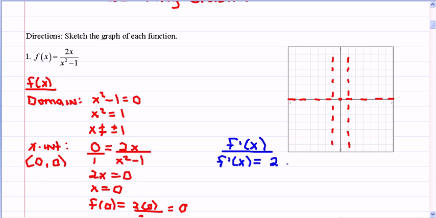So I take the derivative of the numerator times the denominator minus the numerator times the derivative of the denominator, and divide it by the denominator squared.